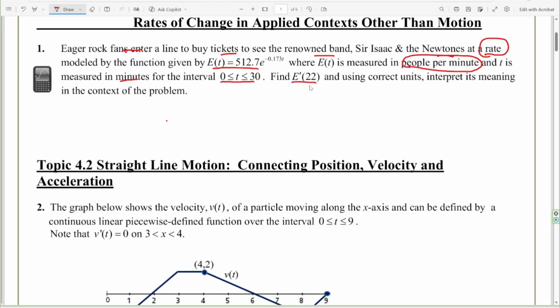Find E prime of 22. So basically, we need to calculate the derivative of this one and then we substitute 22 for t, right?